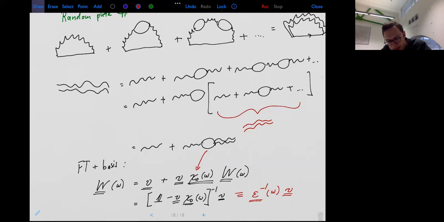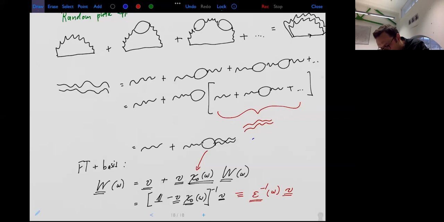Obviously, chi0 consists of two G0 lines, so the bubble doesn't include any interactions. So it must be some property of non-interacting electrons, and what it actually is, is their density response function. So let me just write this down.